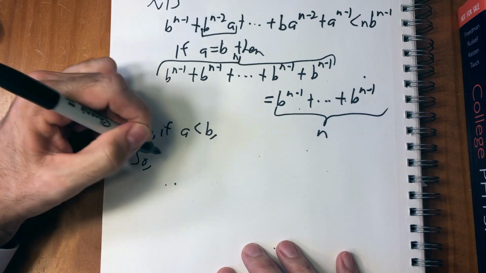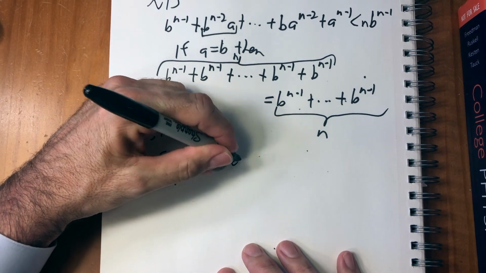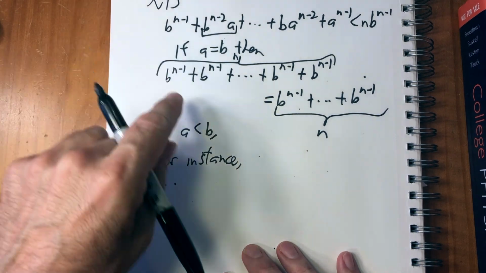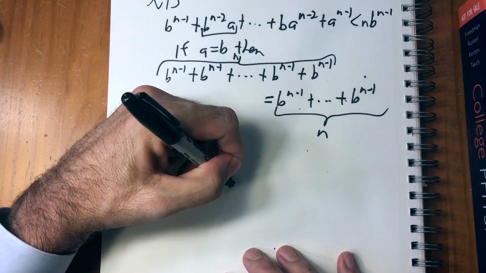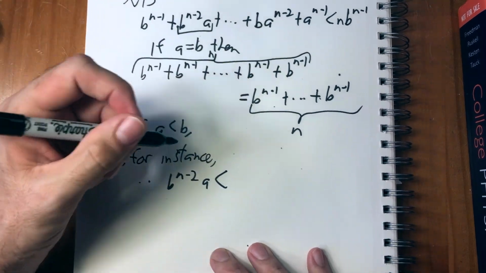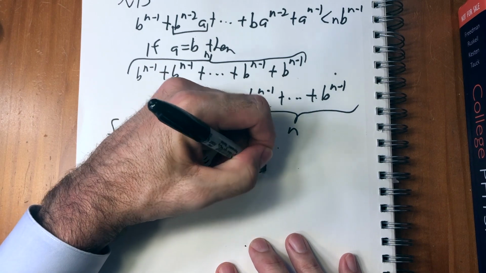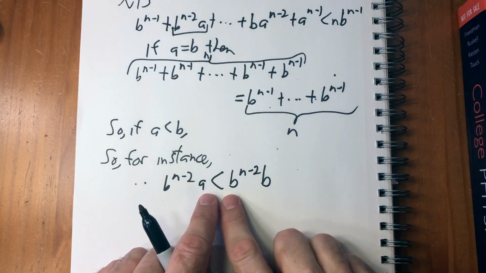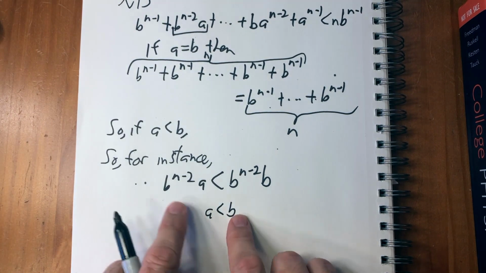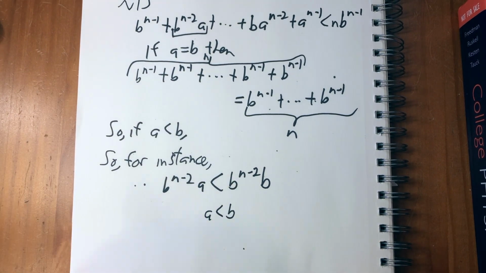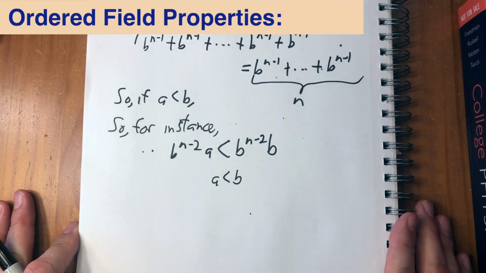So for instance, one of the terms, this one, b to the n minus 2 a, is going to be less than b to the n minus 2 b, because if a is less than b and you multiply the same thing on both sides, then you know that this is less than b to the n minus 2 b. That's one of the ordering properties.